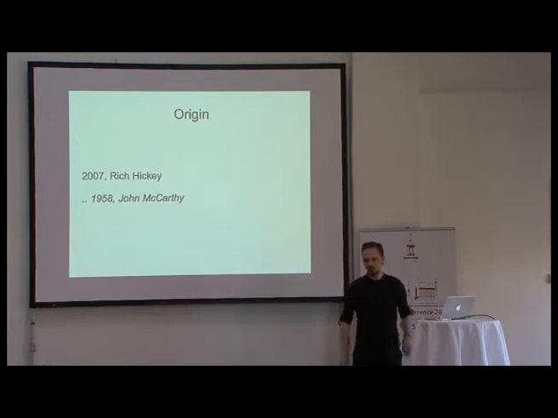But since Clojure, which is actually supposed to be pronounced Clojure, is a Lisp dialect, it has roots in the 1950s. Really, these are your father's parentheses, as they say.